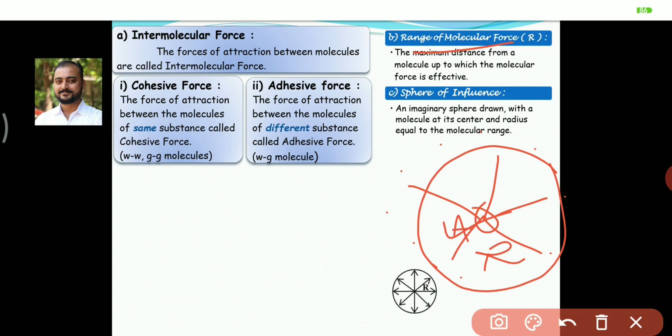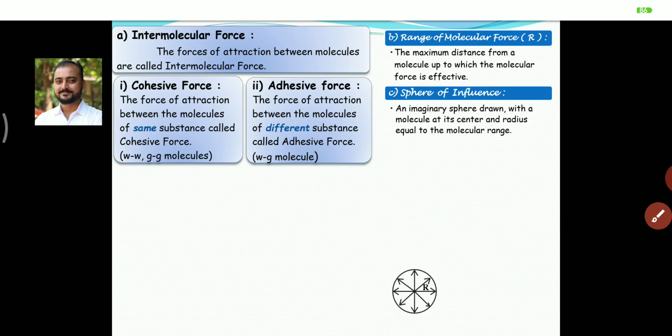Again, remember that this is not a two-dimensional diagram, it is three-dimensional. It looks like a circle, but actually it is a spherical body. To understand both phenomena, the range of molecular force as well as the sphere of influence, here is a simple example. If you are sitting in your class, your teacher can control only the particular class in which he is present.